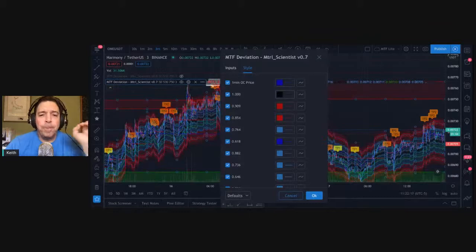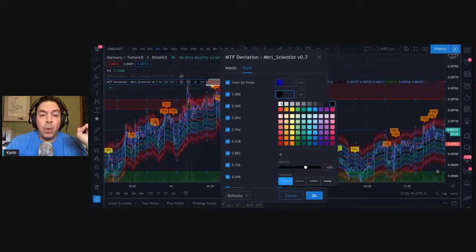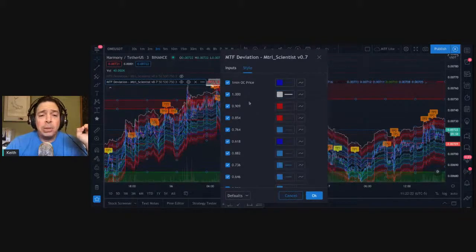So the first thing I'm going to do, the top level I want to see, I want to make it white. And I'm not so concerned about seeing these other levels. Now, a lot of traders like to track this, or maybe even look at these ranges to, you know, trade a groove or a grid. 0.618, I'm typically interested in that level as a potential profit target.